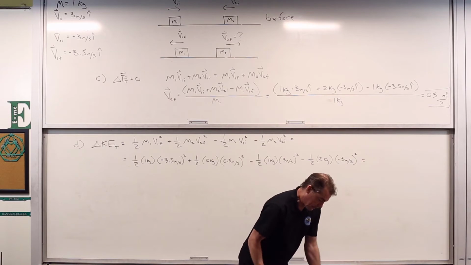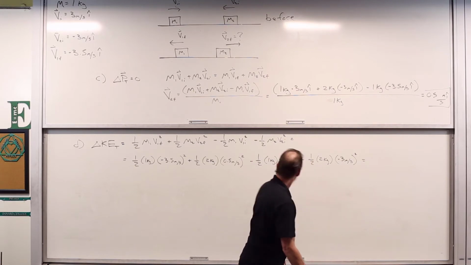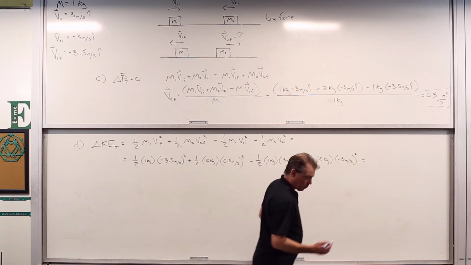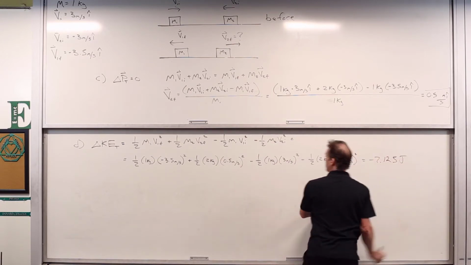We get ourselves negative 7.125. 5 squared. Yep. Negative 7.125 joules.